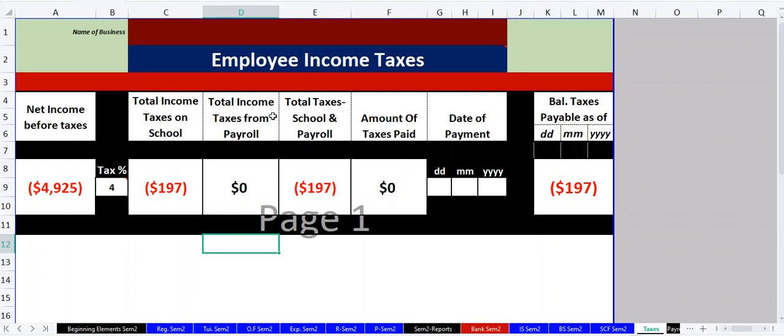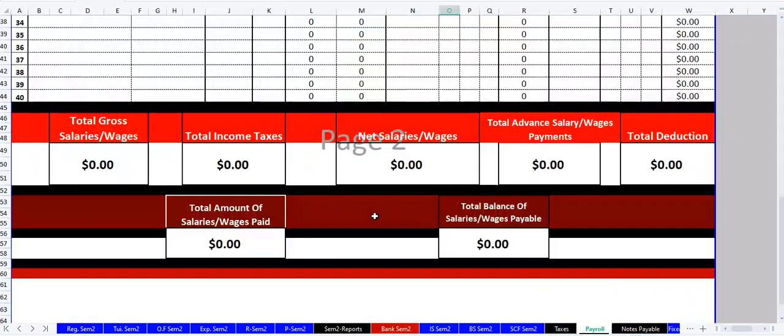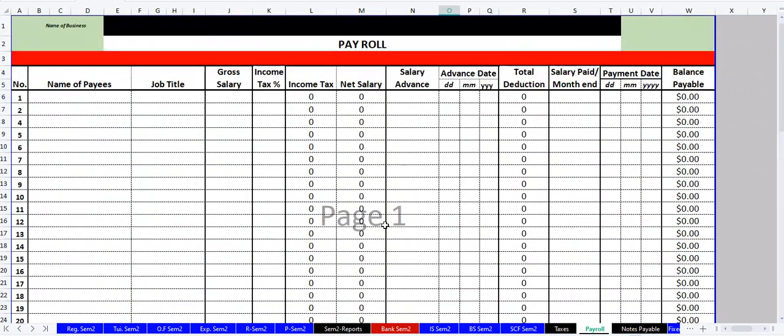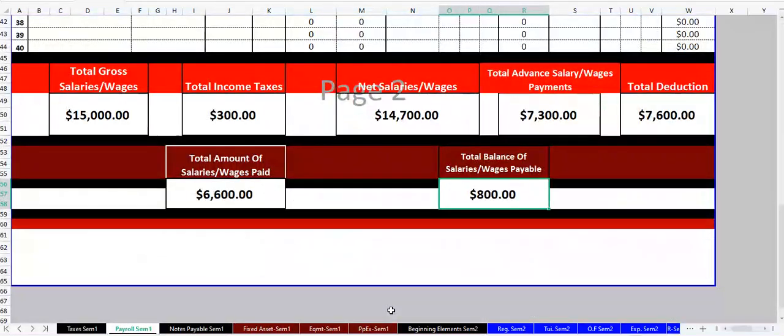Great. Now we come to the payroll. So let's say we'll just copy and paste. Where is our payroll? This is it. You know what our record shows here.